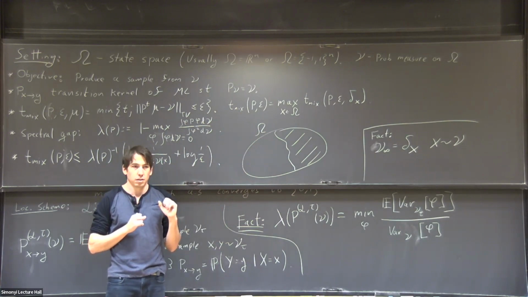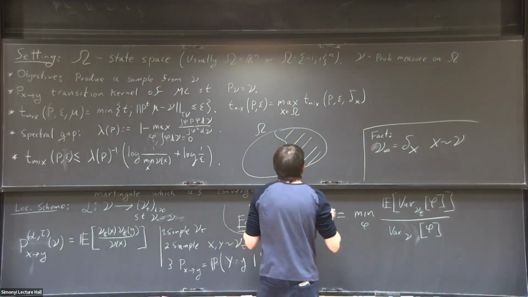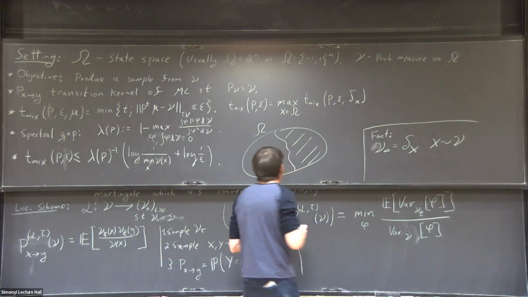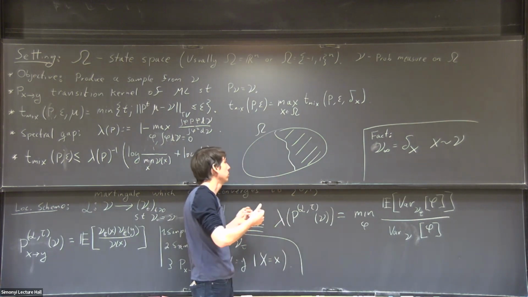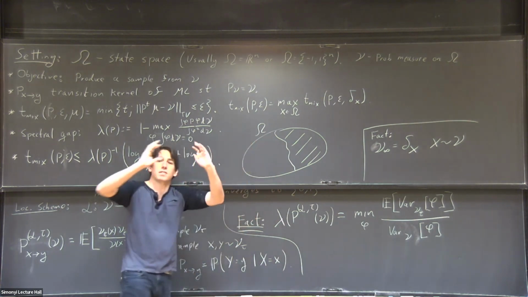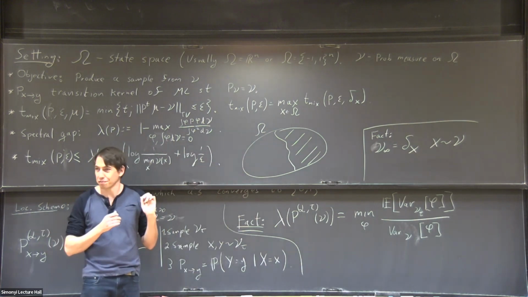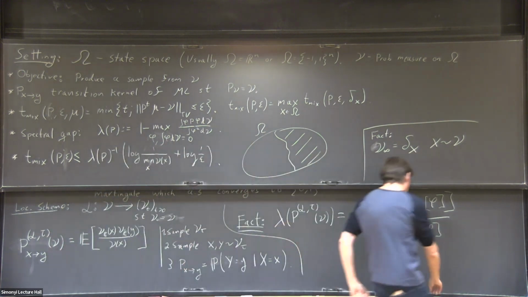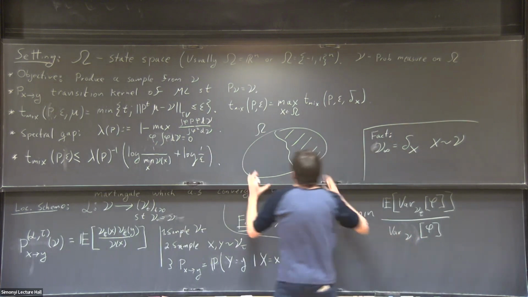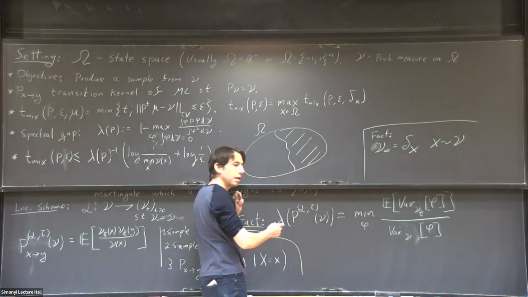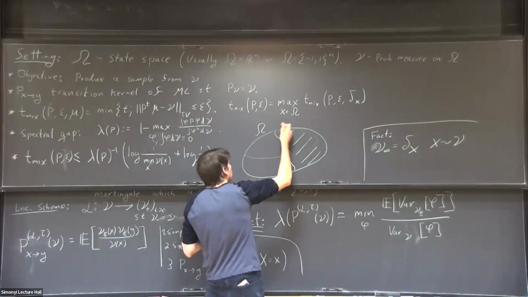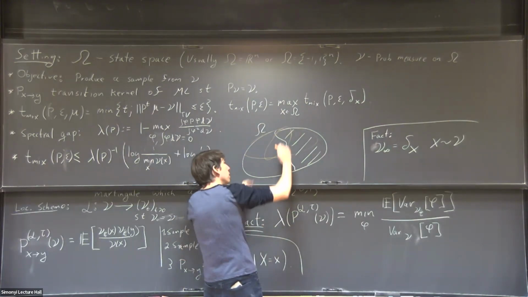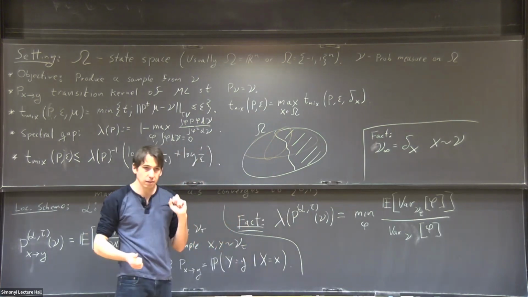They're just zooming in. At time 0, I have the entire thing. At time 1, maybe I have something here. At time 2, maybe I have something here, and I keep zooming in.